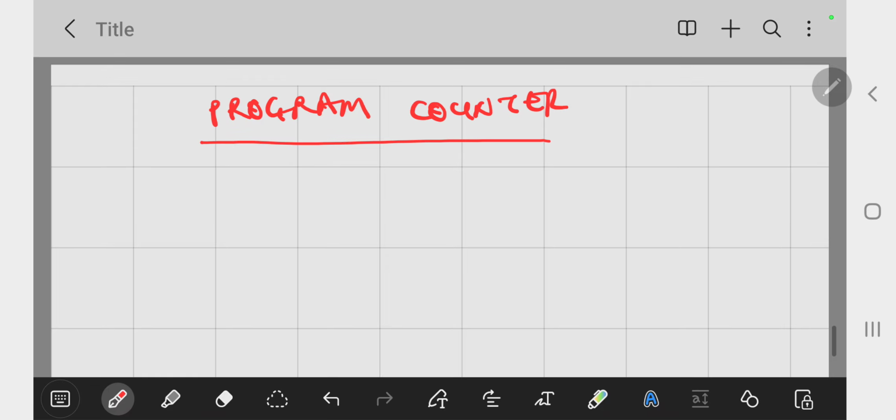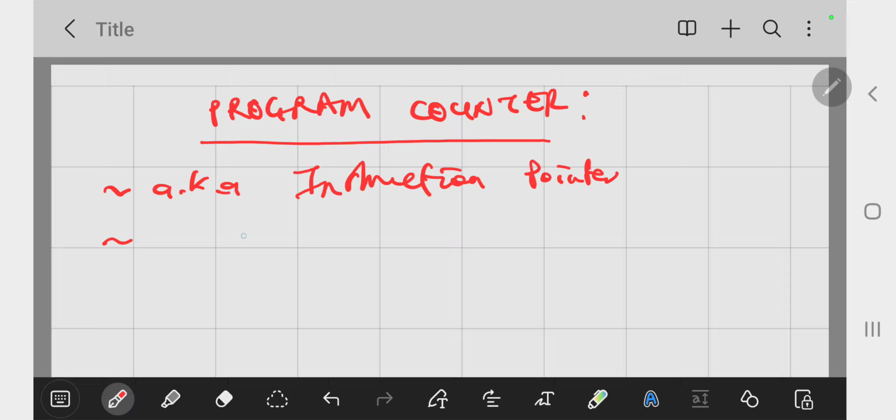When you look at the program counter, it's referred to by many other names in most mainstream books. It's also known as the instruction pointer.